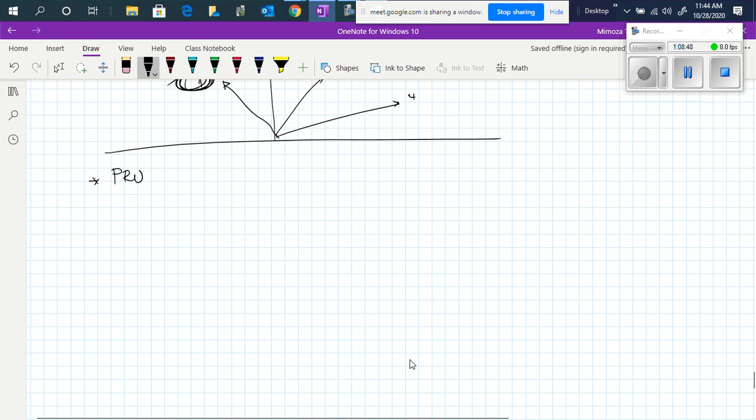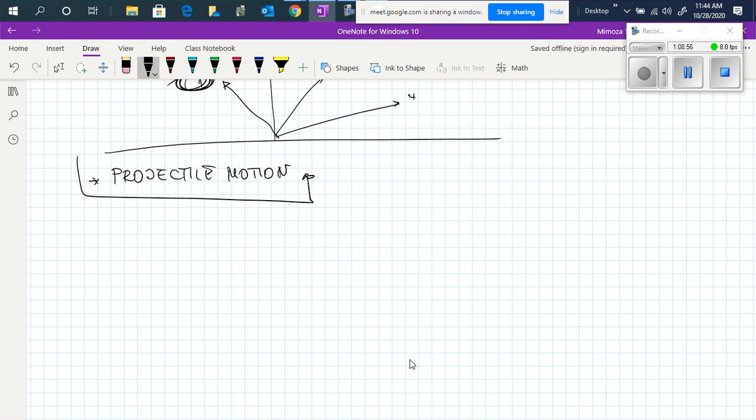And now the last part of kinematics is projectile motion, which is a combination of uniform and non-uniform motion. Uniform is in the horizontal direction, and non-uniform is in the vertical direction.